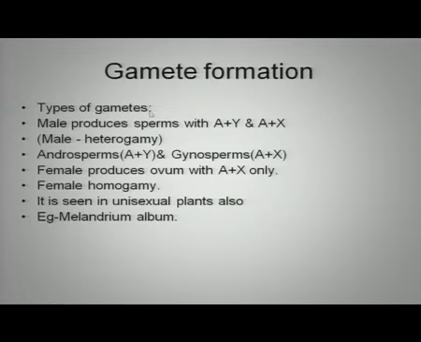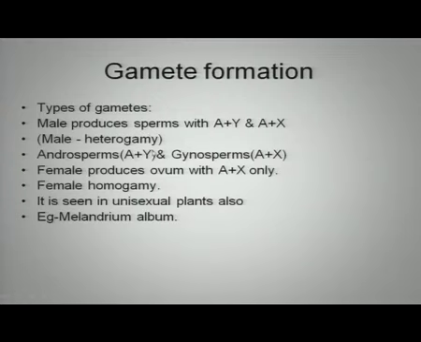So, the types of gametes produced by the male: A for autosome and Y chromosome, and A for autosome plus X chromosome. So, 2 types of gametes are produced, hence it is male heterogamy.